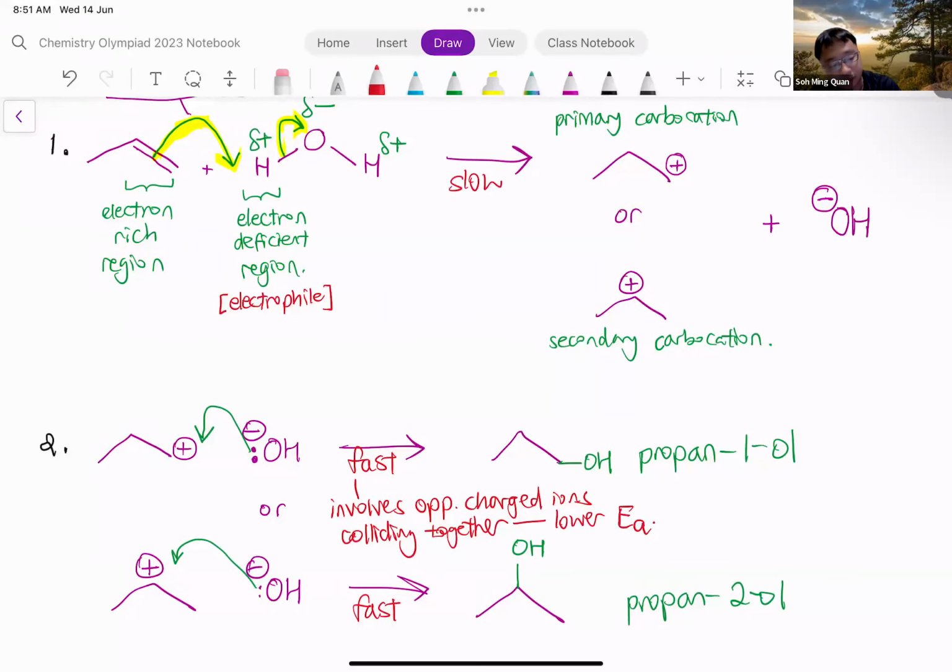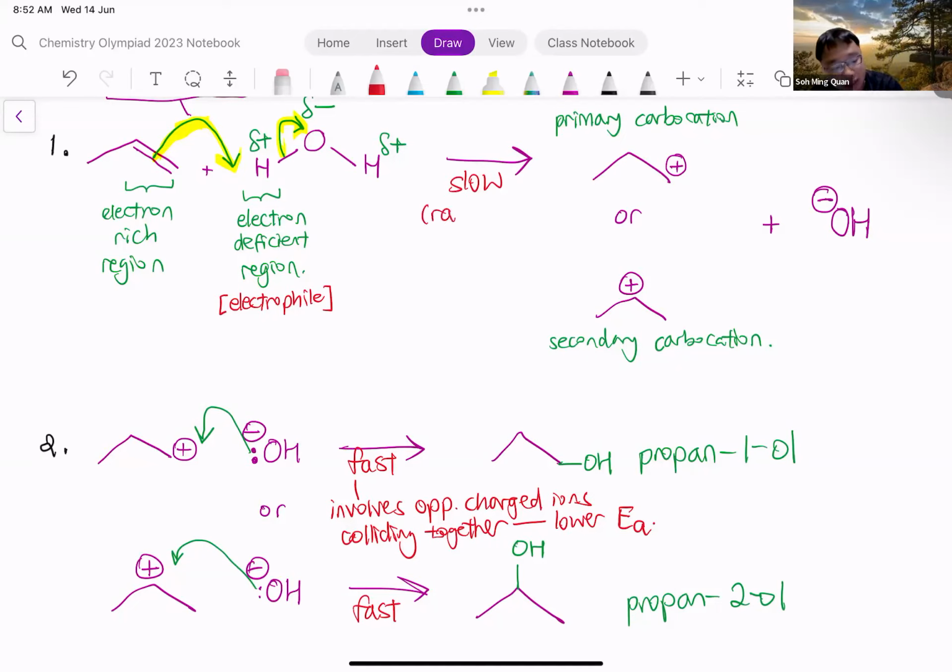On the other hand, the first step will definitely be slower in comparison because it involves bond breaking and bond forming, of course, between the carbon and hydrogen. But you can see, it is not a collision of oppositely charged ions. Therefore, it will not be as fast as the second step.